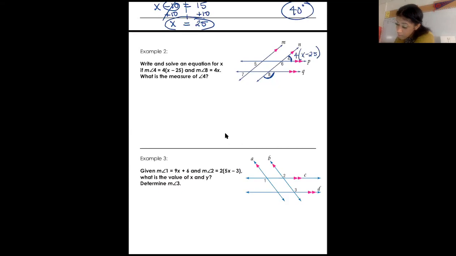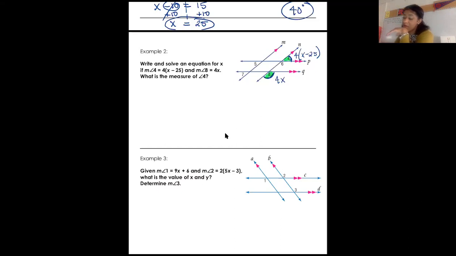The measure of angle 8 is going to equal 4x. This one's tricky, okay? Now, if you look at angle 4, let me highlight it. And if you look at angle 8, do they have a relationship between them? Not really. So we're going to have to bridge the gap here a little bit, okay?